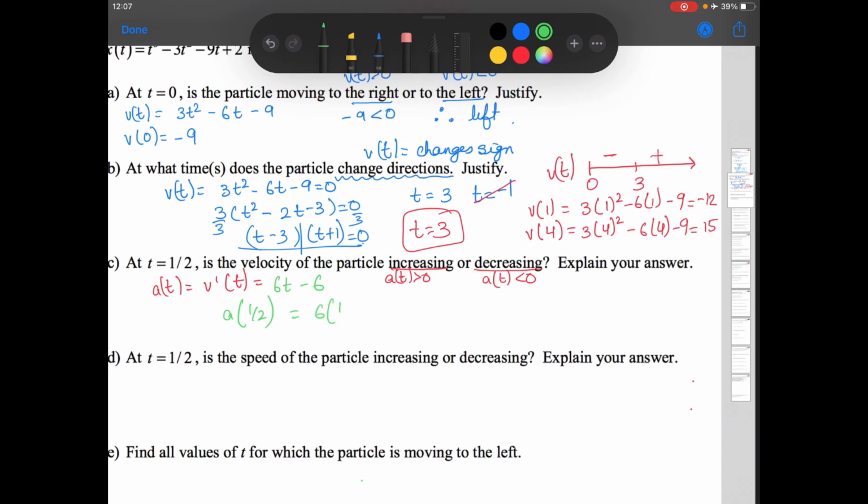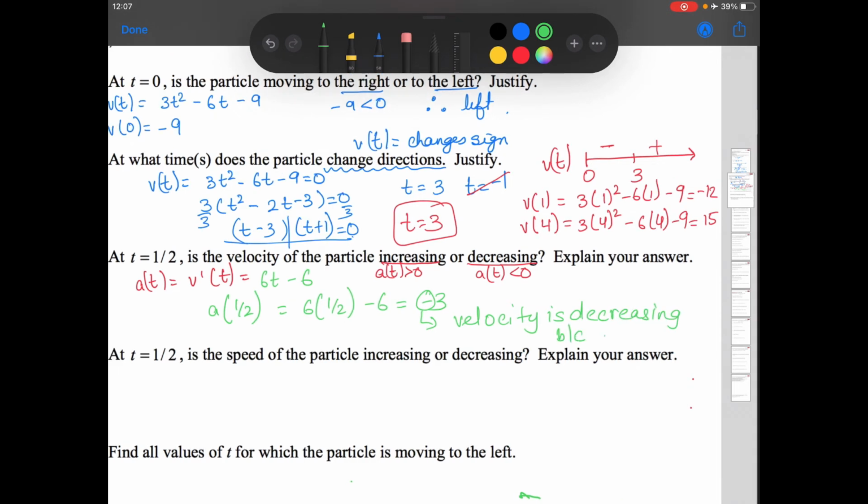It is 6 times 1/2 minus 6 equals negative 3, right? So what is the negative? Again, the negative and positive do mean a lot. Negative means that velocity is decreasing, because your acceleration is what? Less than 0. So velocity is decreasing because acceleration a of t is less than 0.